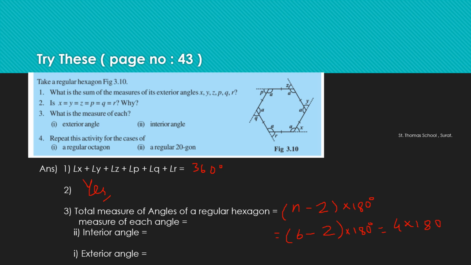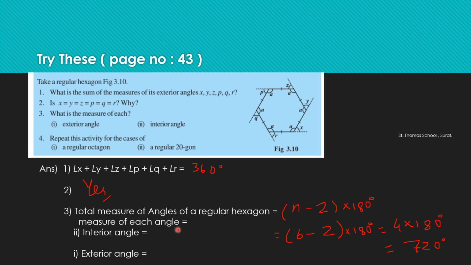So 180 multiplied by 4, we got 720 degrees. So what is the total measure of a regular hexagon? That is 720 degrees. It's clear? So the total measure of angles of a regular hexagon we got is 720 degrees.